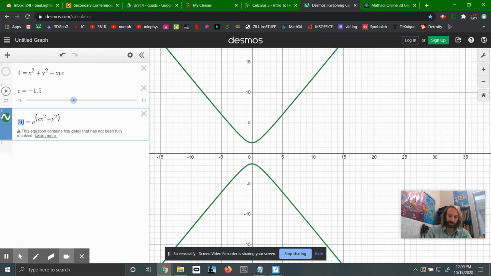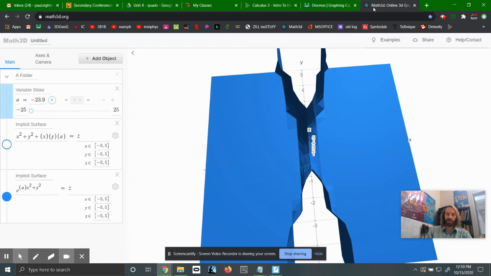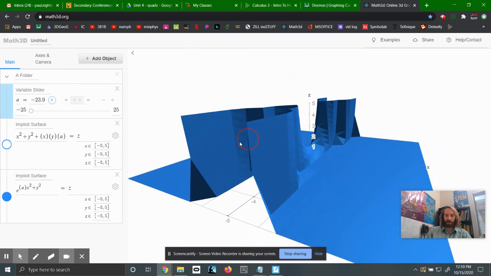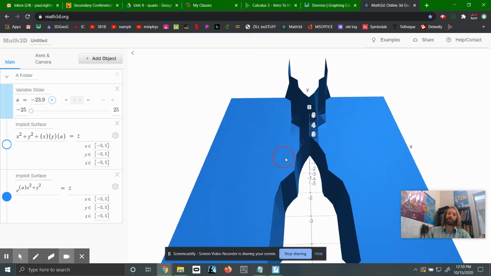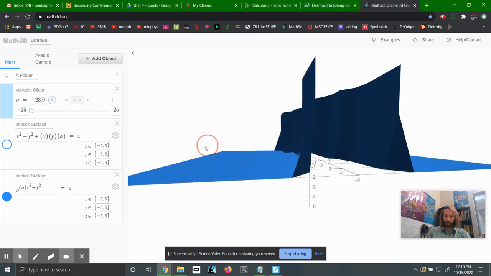And if I change this one to like 10 or something, it's just going to change some of the sizes a little bit, but it's not going to change the structure of the thing. But yeah, we use this to get an idea of what things look like in higher dimensions. And you can actually use Math3D to get an idea of what a 4D thing would look like if you did level surfaces here. So that's kind of a cool thing you can do too.